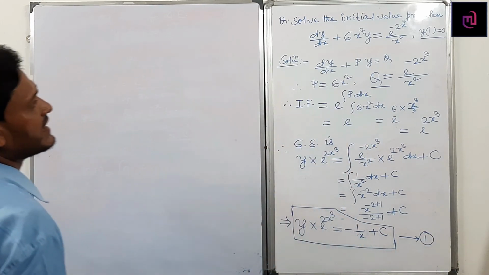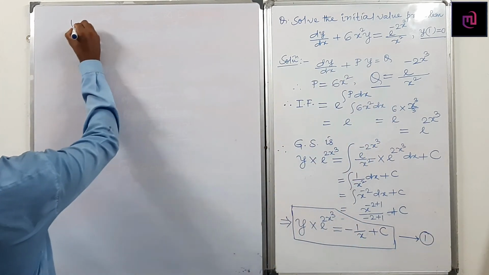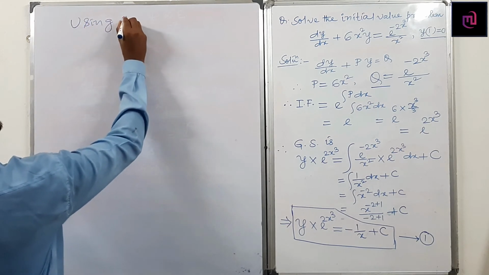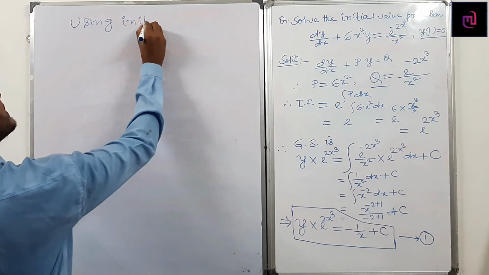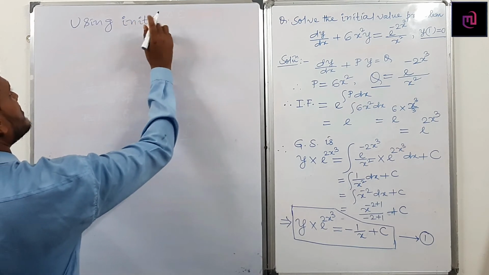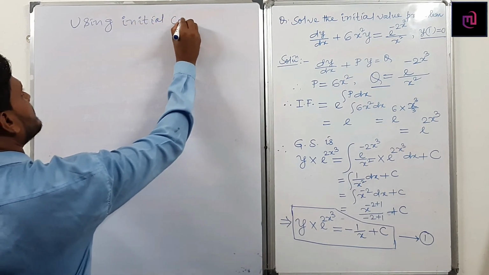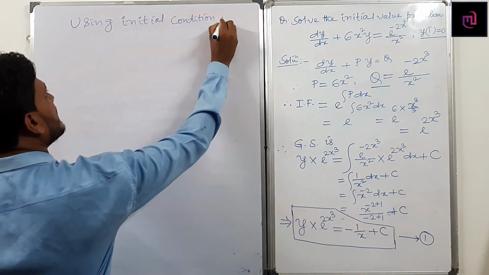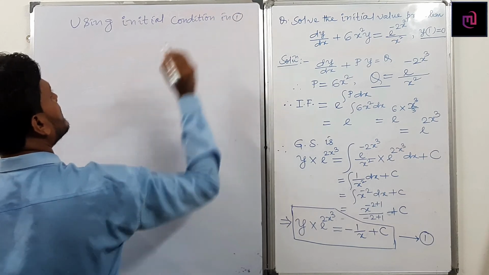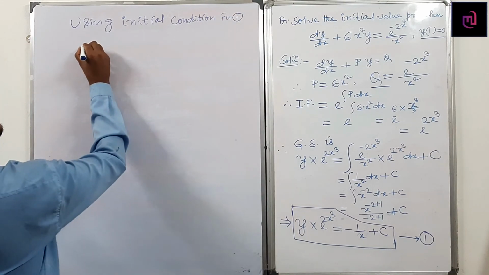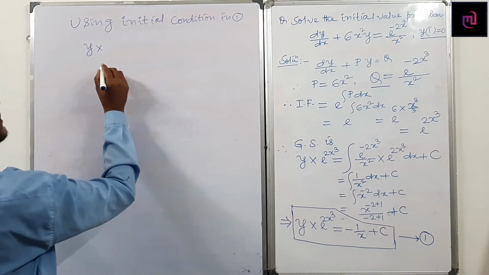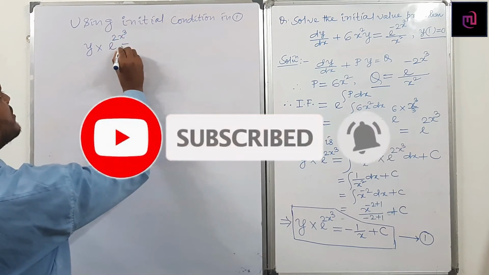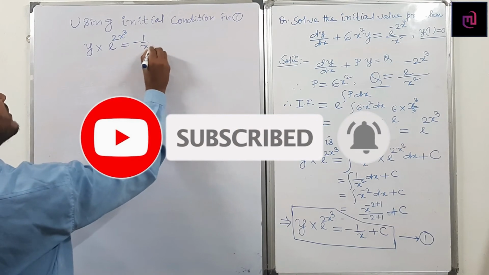So using initial condition in 1. So here, first of all we have to write down y into e to the power 2x cube equals to minus 1 by x plus c.